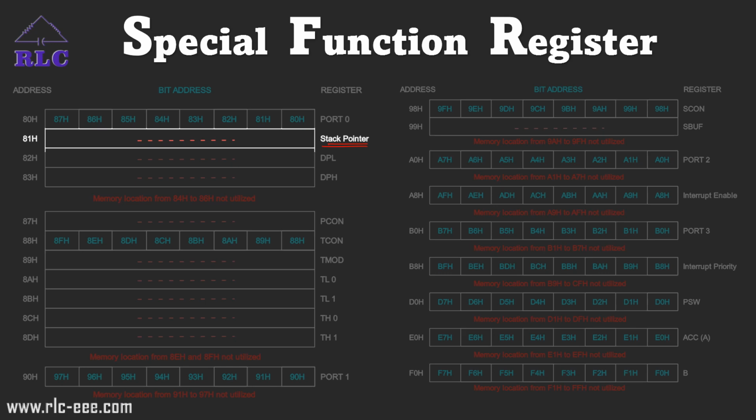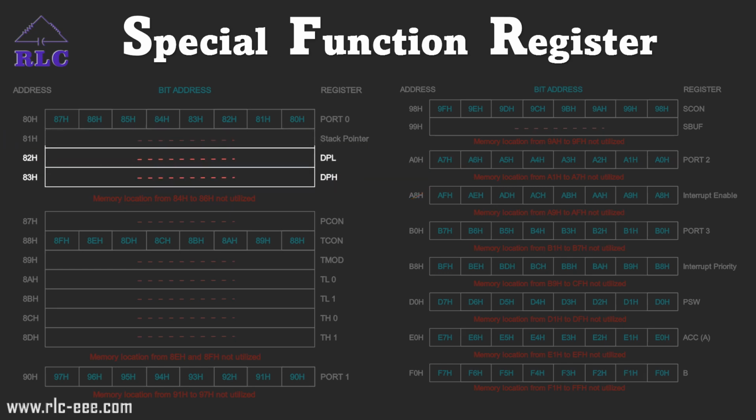We'll see the details of each and every register in the upcoming videos. Now we'll list it down with its main features. It has a memory location of 81H, and we can see it does not have any bit address. So the stack pointer can be accessed only by byte address. It cannot be accessed by bit address.